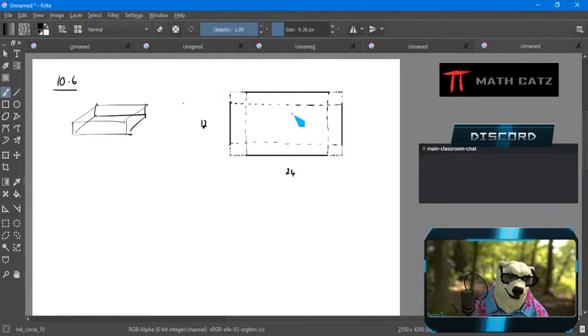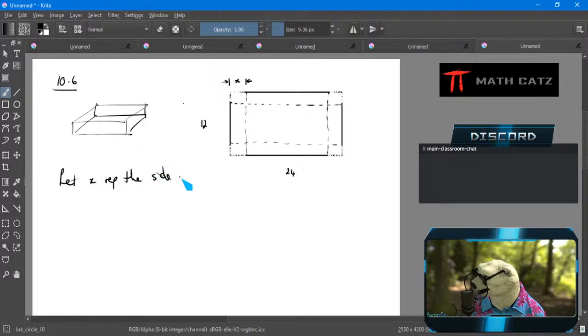So they ask specifically, what is the size of the square that needs to be cut out? So I'm gonna let that length be x, and it's gonna be everywhere. So let x represent the side length of the square or squares to cut out.